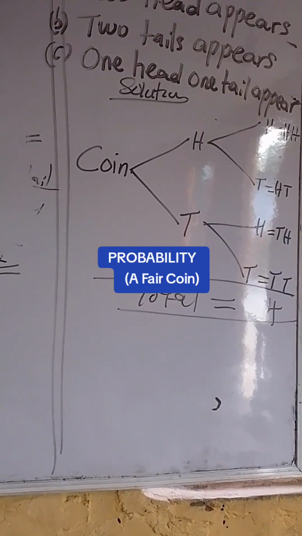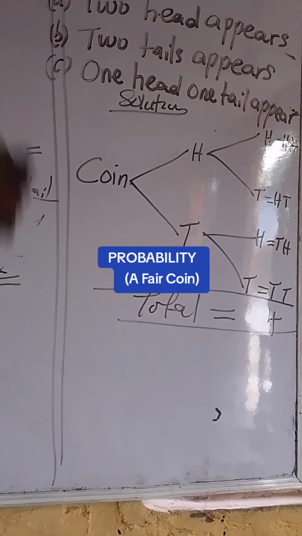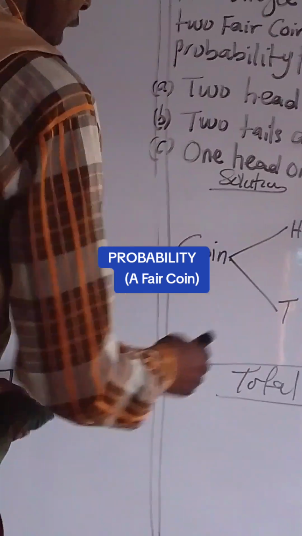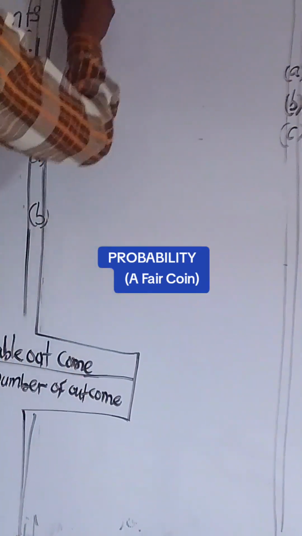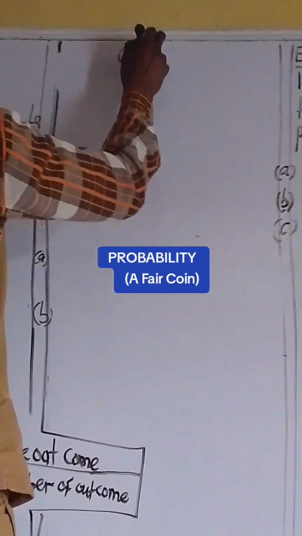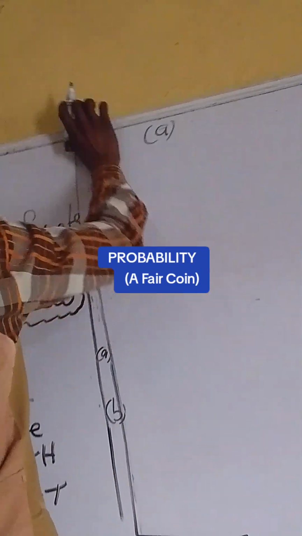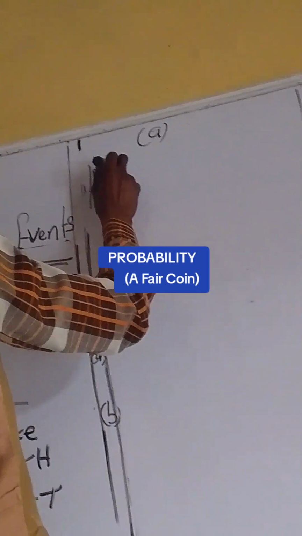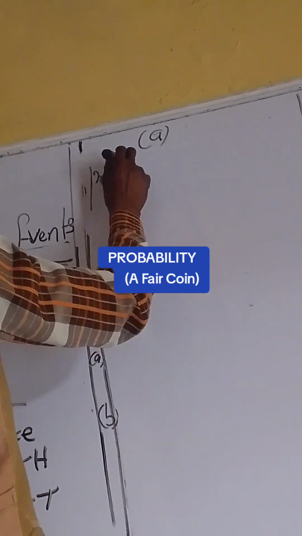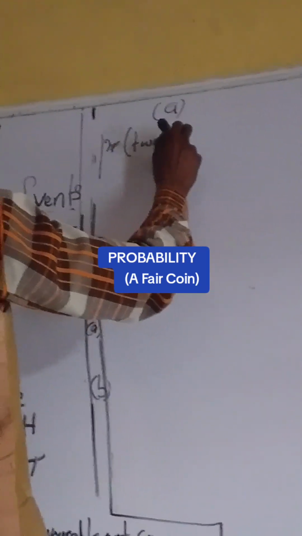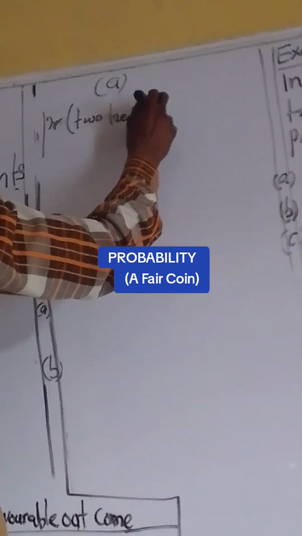Now, I want to continue the solving here. We are asked the probability that 2 heads appear.